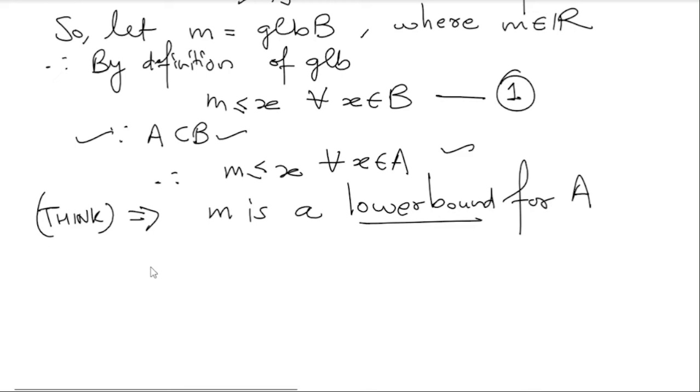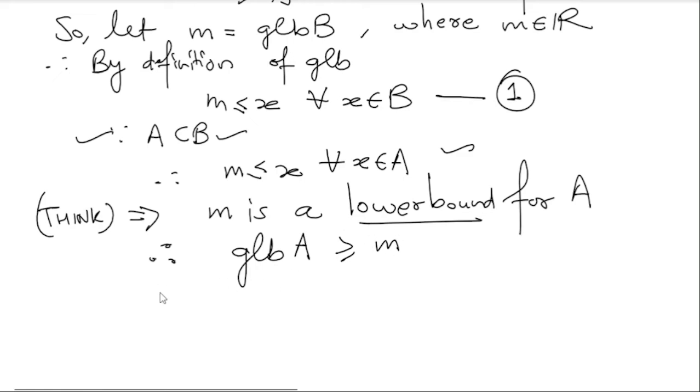Now there is something more I can conclude from here: if m is a lower bound for the set A, then the greatest lower bound of the set A will always be greater than or equal to a lower bound, which is m in our case.